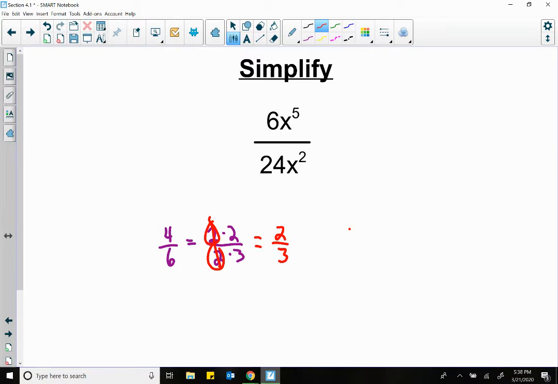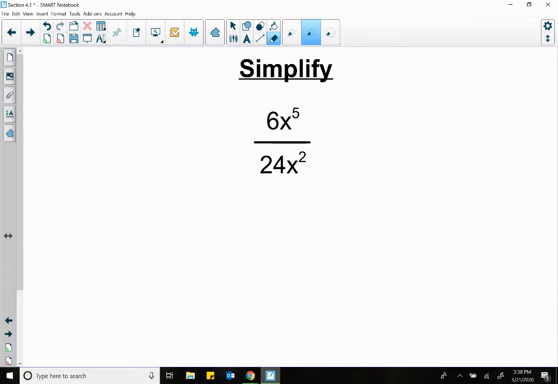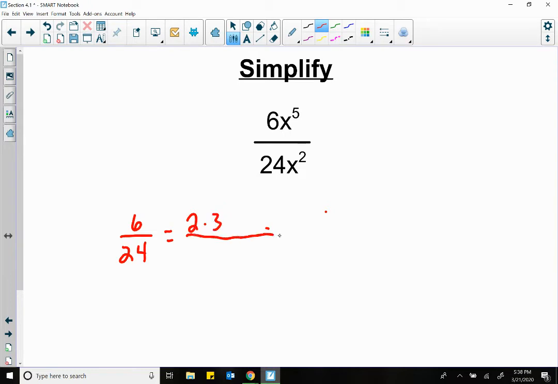That's the same kind of simplifying we need to do here, but we're going to do it polynomial style. We're going to take out what is in common from top to bottom. Okay? So when we look at first the 6 over the 24, and that's the only thing I'm going to concentrate on. Okay? How is 6 made? Well, it's made by 2 times 3. How is 24 made?